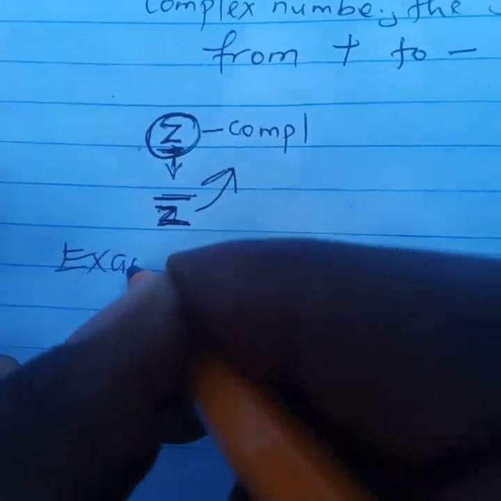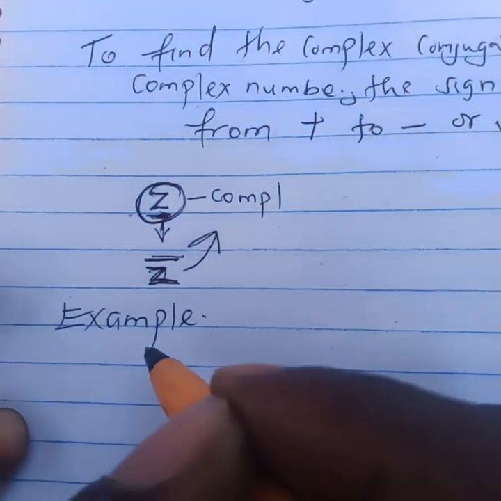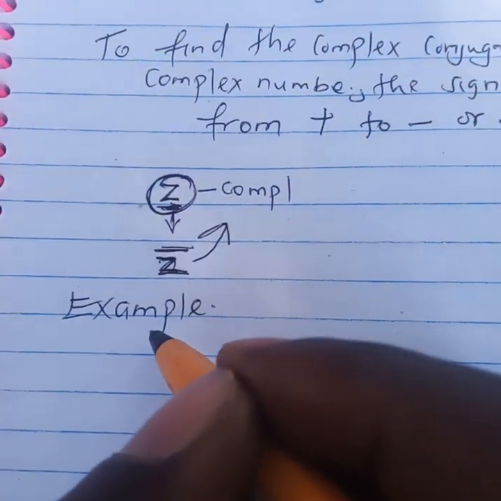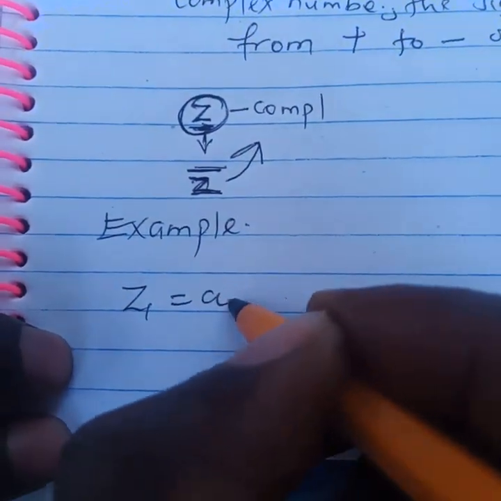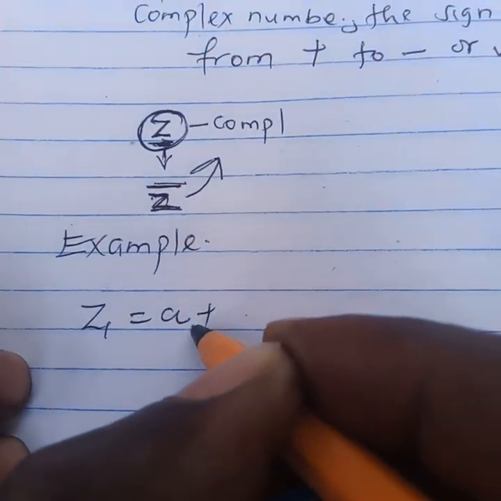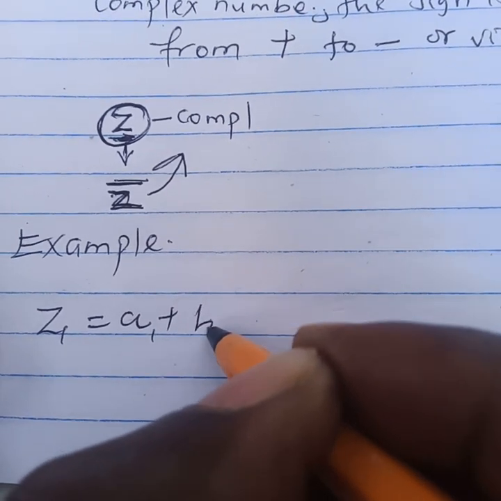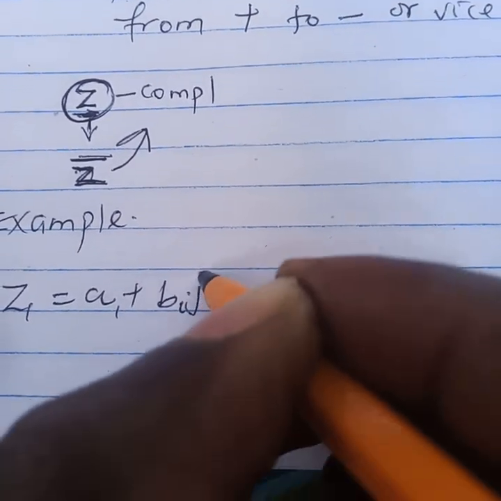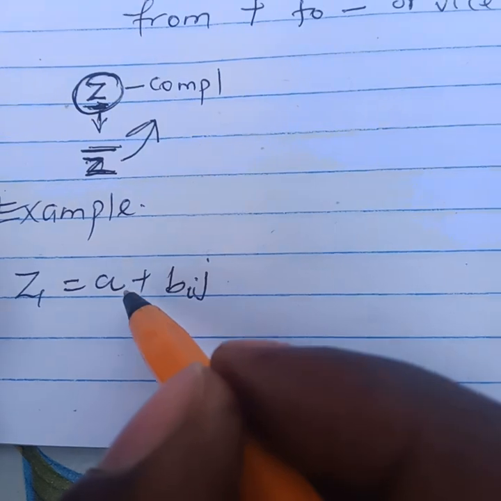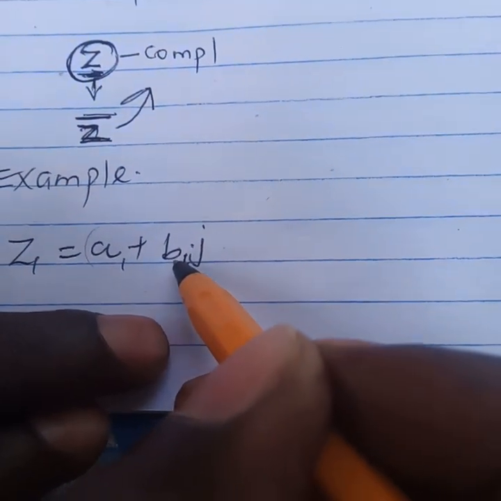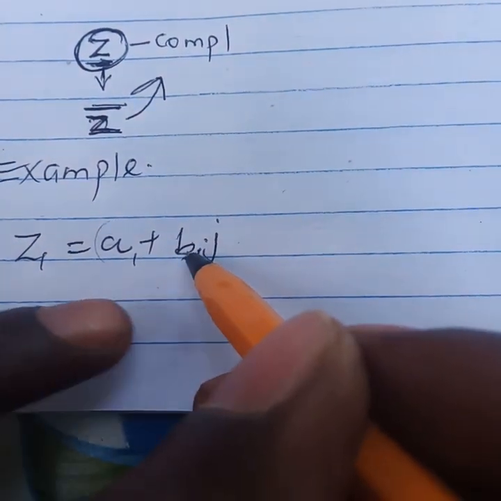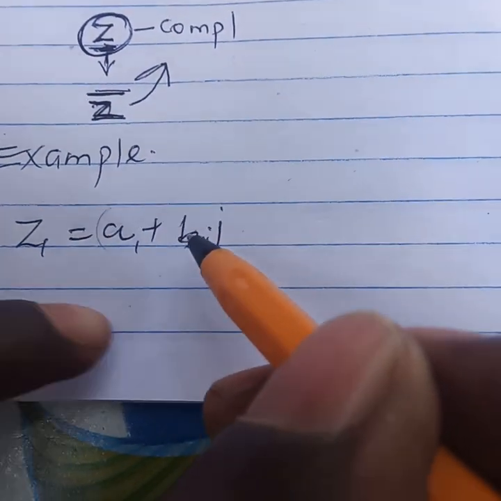We have an example here. Let's say a complex number Z1 is given by Z1 equals A1 plus B1j. You can see this is a complex number. We have the real part and the imaginary part. The imaginary part is the one which has a j.